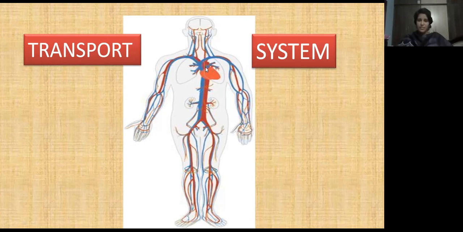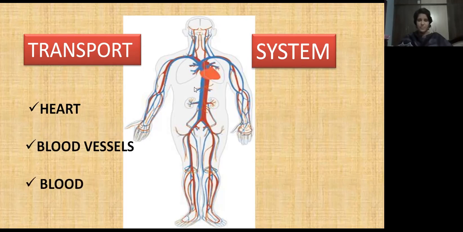The circulatory system has not only the heart, but other components like blood vessels and blood. In previous sessions, we discussed the different chambers of the heart, its structure, and its main function.